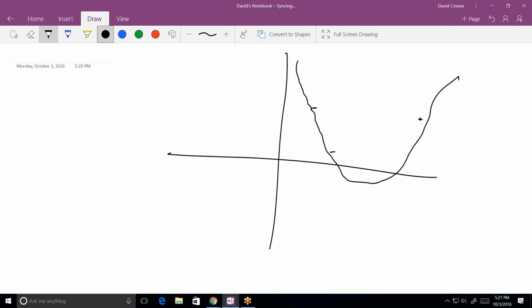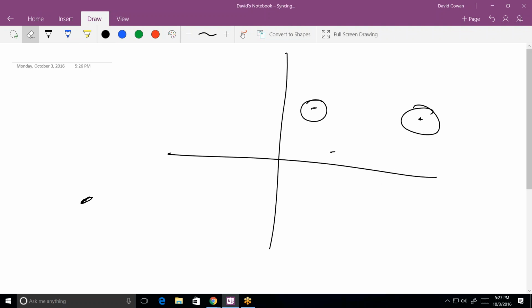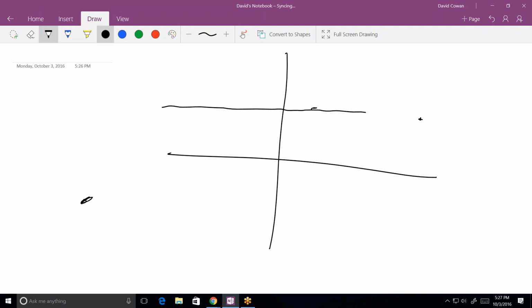Unless the points don't fit together. In other words, if they gave you a point there and a point there and some point way over here, now that's an interesting problem. Does that make a parabola? Maybe, it depends, because I could draw that parabola really, really flat at the top.